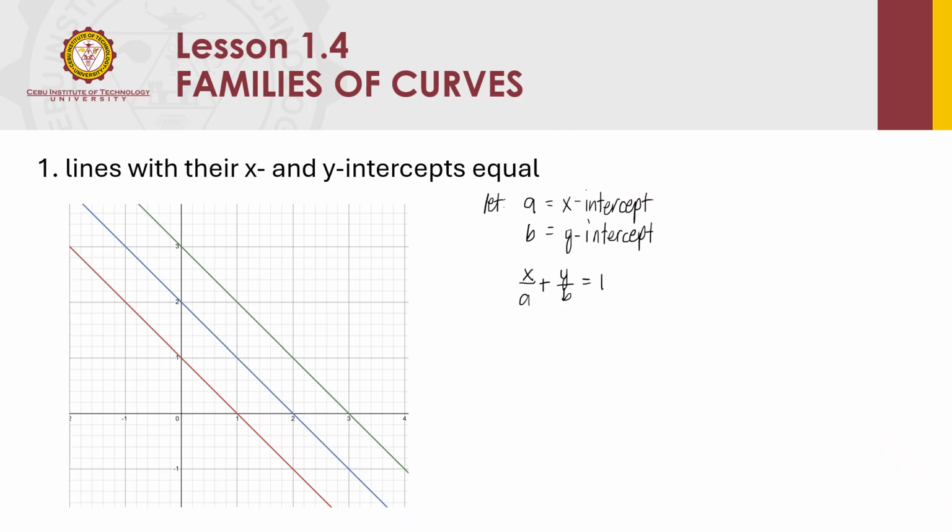Since a is equal to b for this specific family of curves, you can just write the standard equation as x over a plus y over a equals 1. We have x and y as the variables, and basically just one constant here.